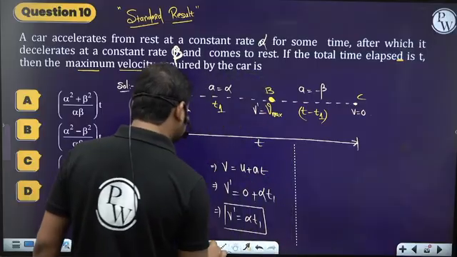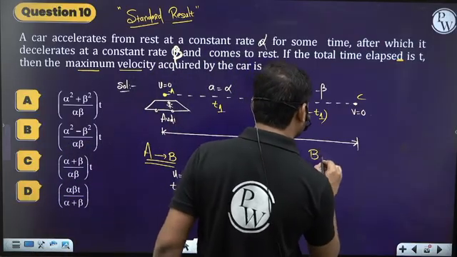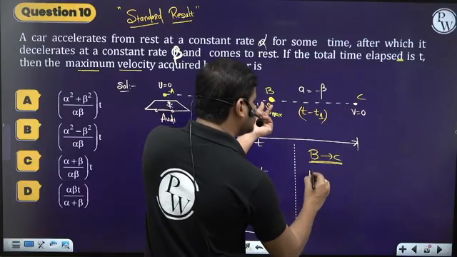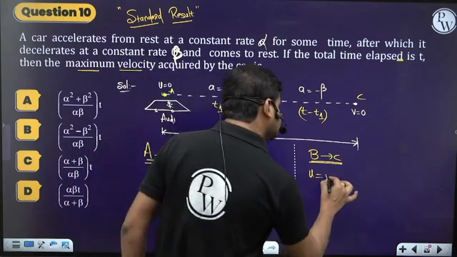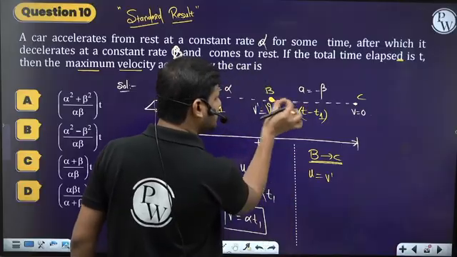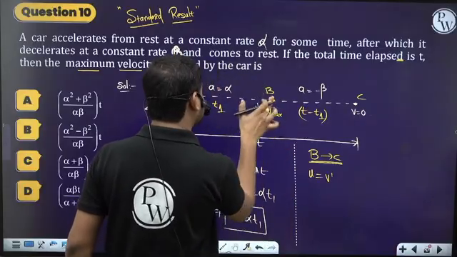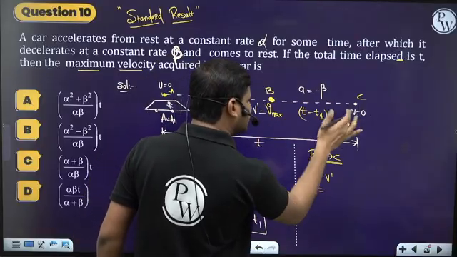So now let's consider the motion from B to C. From here the initial velocity will be equal to the final velocity of the previous one, which is v dash, same as the previous one. U here is equal to v dash. For this journey, the final velocity of the previous journey becomes the initial velocity, and in this journey the final velocity is 0.